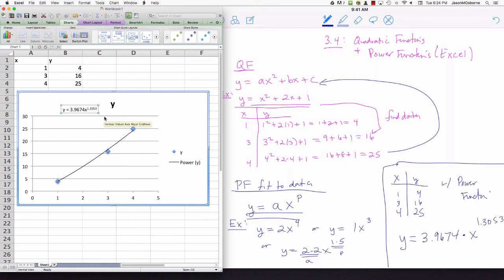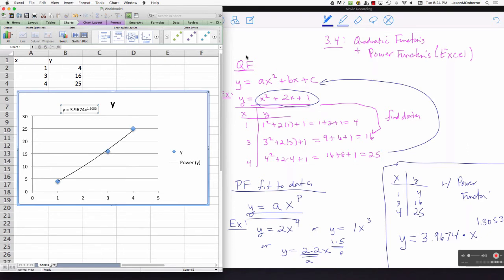Okay, there's a power function fit. The best fit is the quadratic function which goes through all the data. But if you have to use some other function as maybe asked in the section, then you can use a power function.